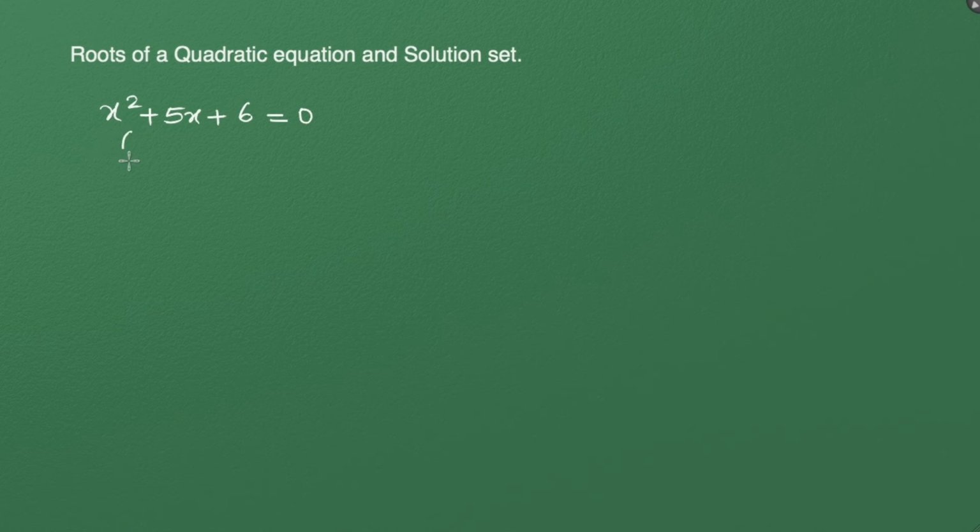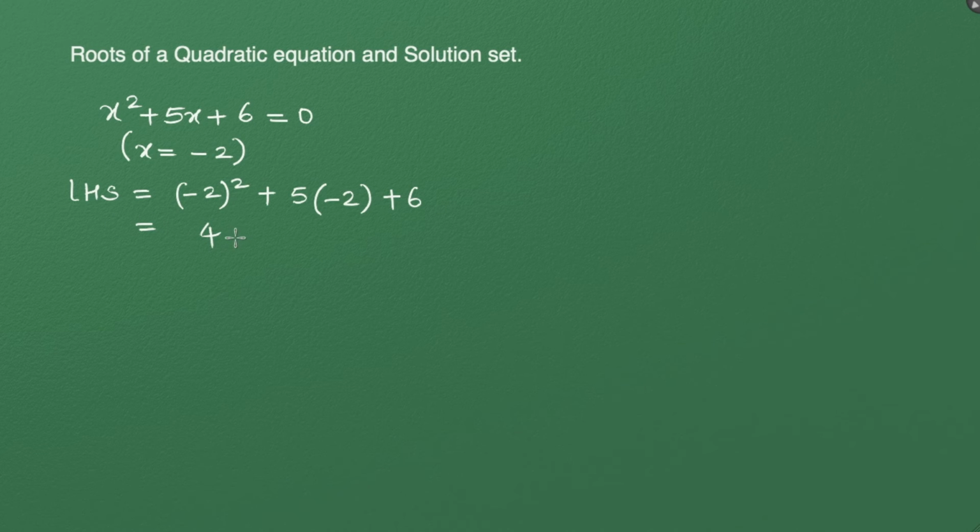Now if I substitute x equal to minus 2, then the left hand side equals (-2)² + ... You have to just substitute x equal to minus 2 in the given quadratic equation.